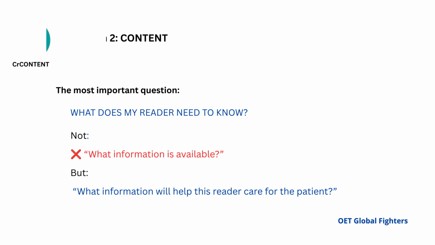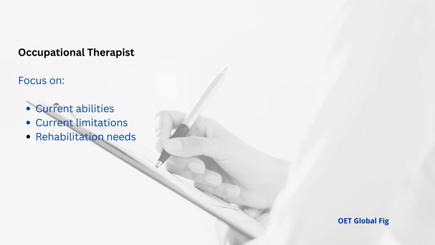Let's take an example. Imagine you're writing to an occupational therapist who is going to receive a patient for rehabilitation. The case notes might tell you about the patient's children, their grandchildren, their previous job, their financial situation, their current abilities, their current limitations.